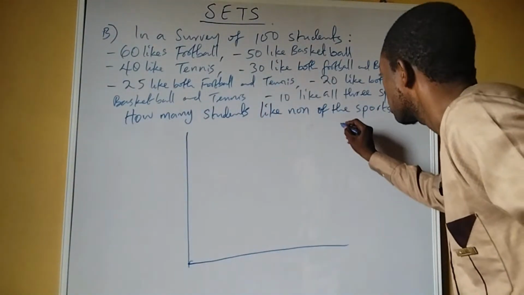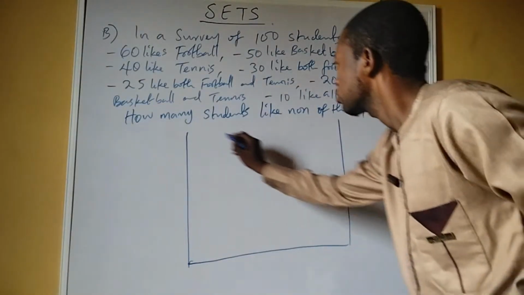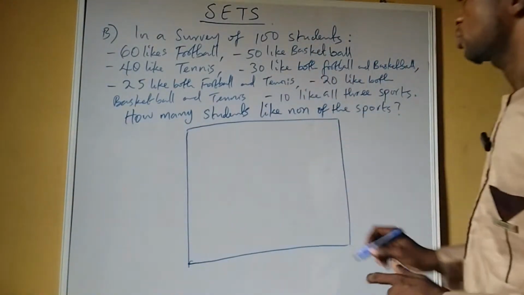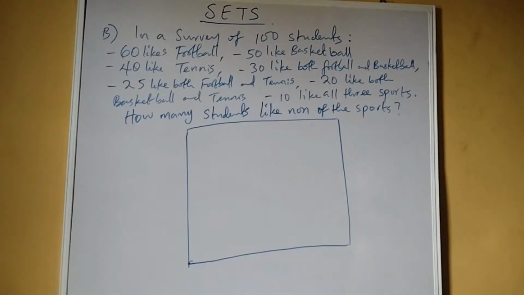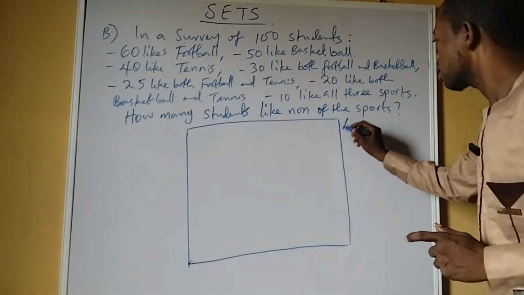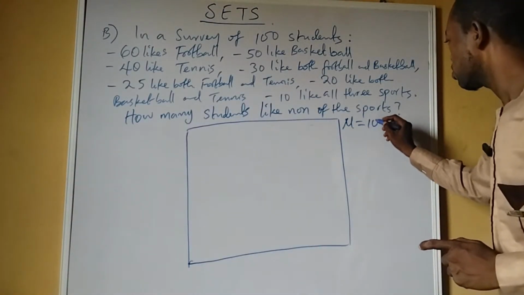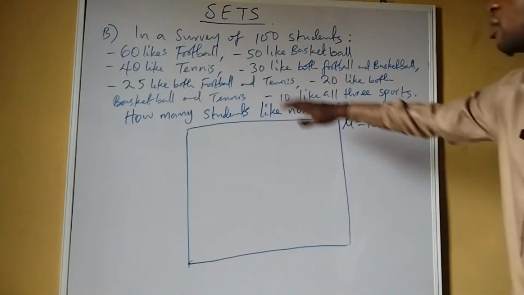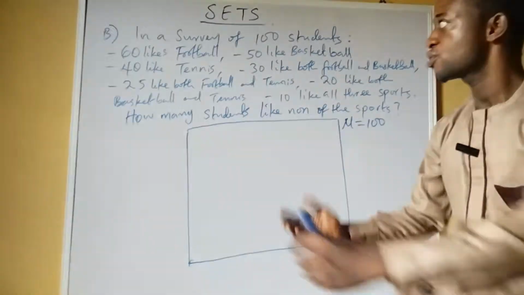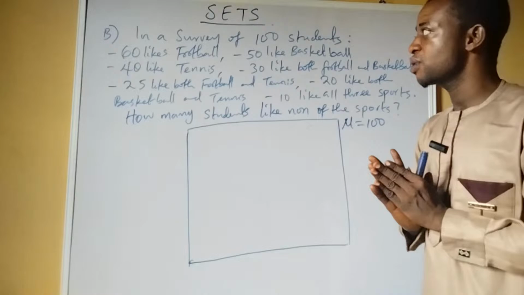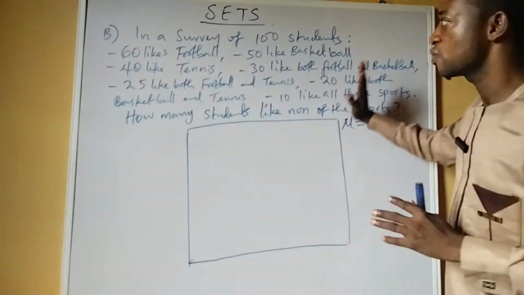It contains everything we are talking about. This universal set is 100 because it is given that the survey is of 100 students, so the entire thing we are talking about contains 100 students.